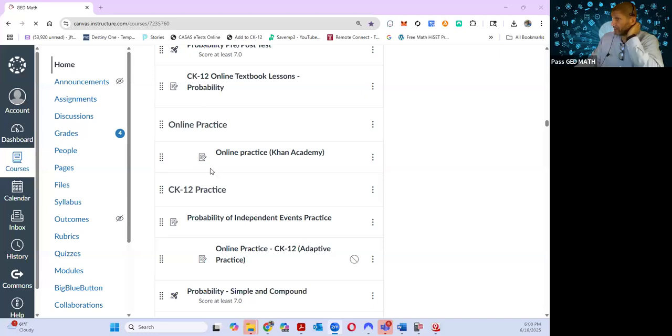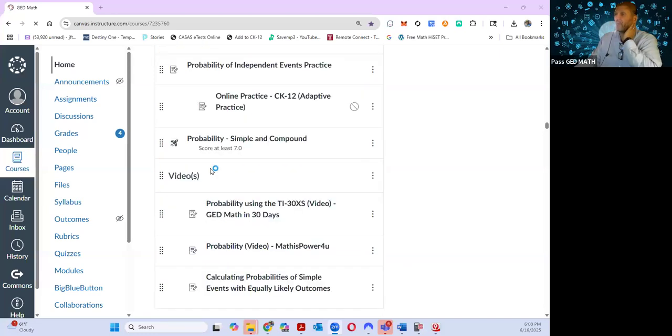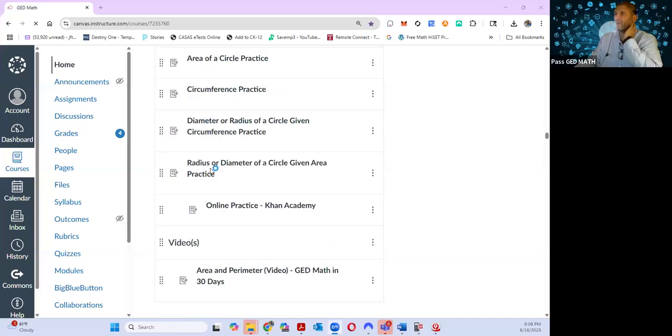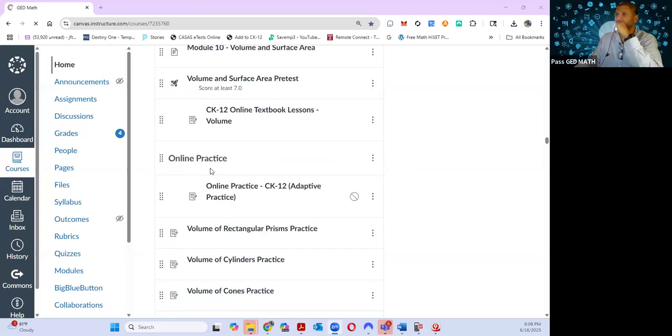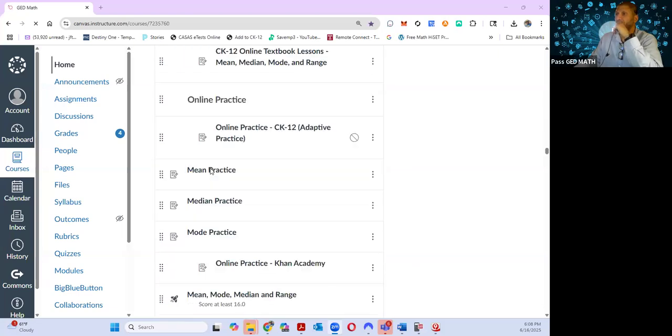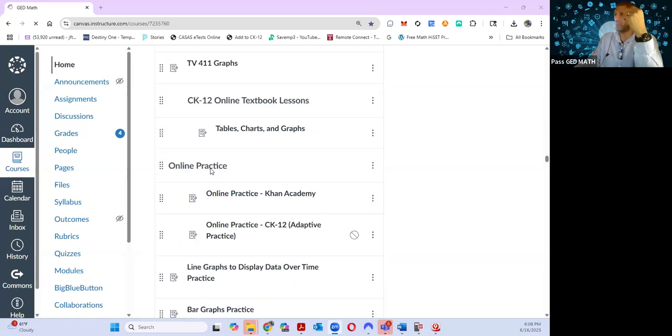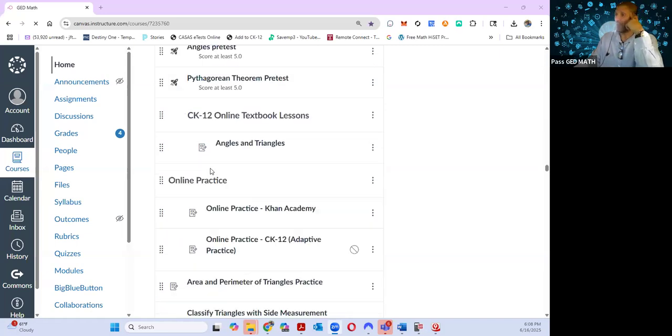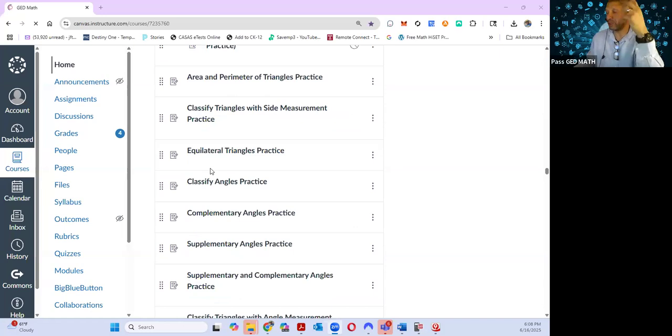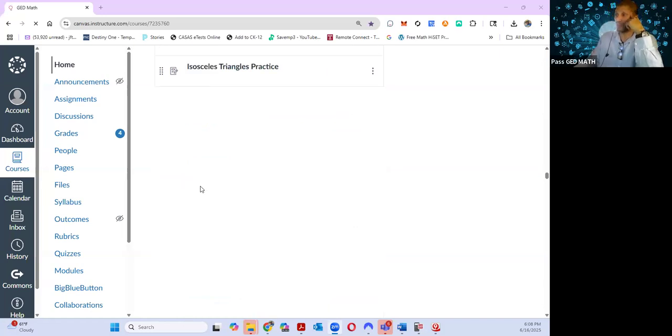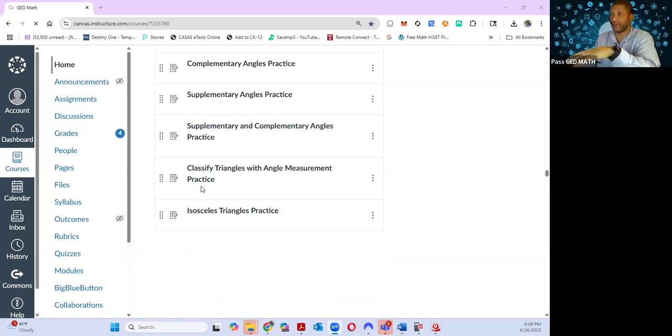Again, this is everything: probability, area and perimeter, volume and surface area, mean, median, mode, and range. Each module is a different concept. What I tell people is once you take your practice test or the real test, then you can find out what areas you need assistance in.